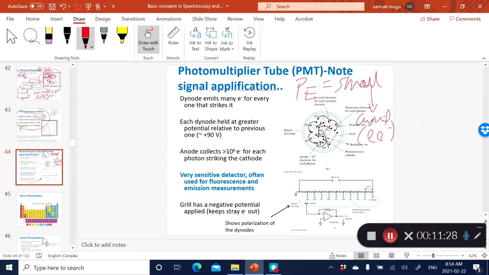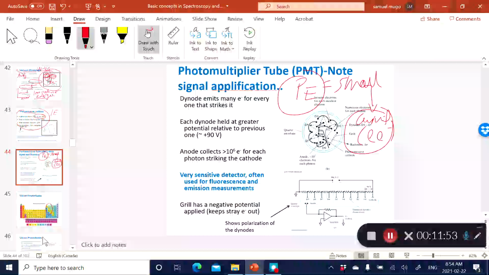Now, for the sake of improving the limits of detection or the sensitivity of your instrument, you really need to amplify this very small current that is being generated from this very small amount of monochromatic radiation. And so how do you do that? You do that by what you refer to as multiplexing.